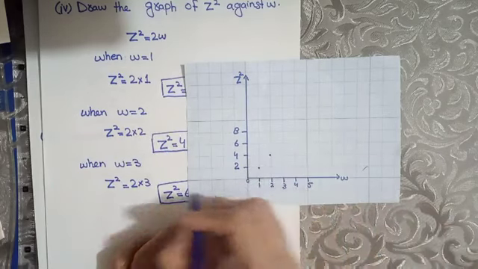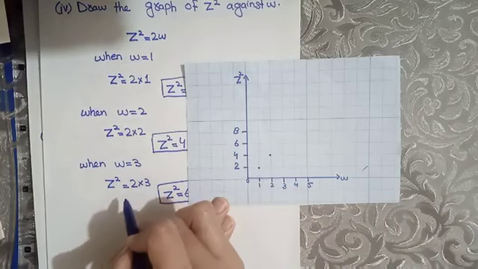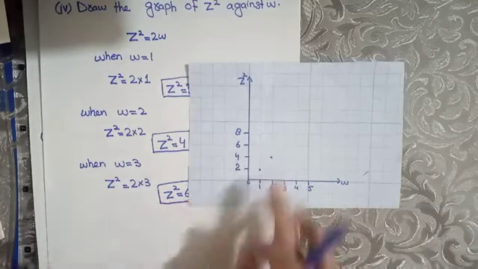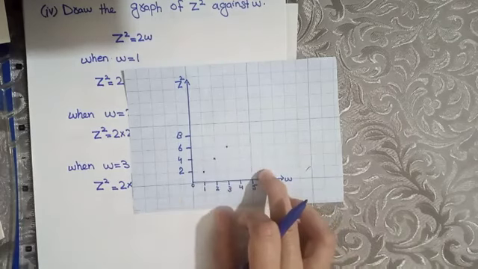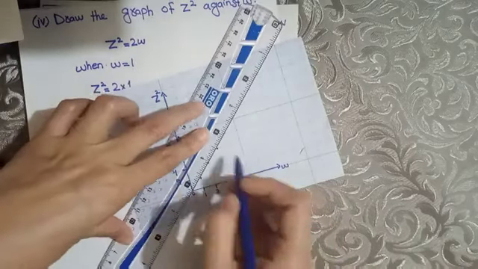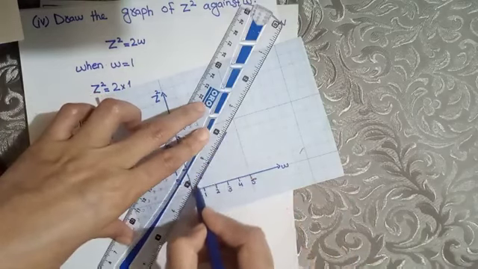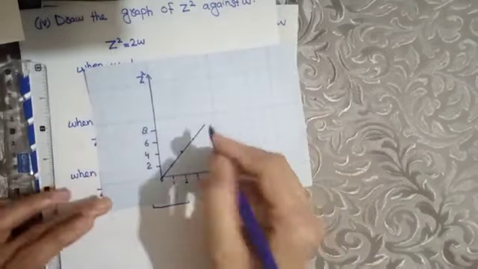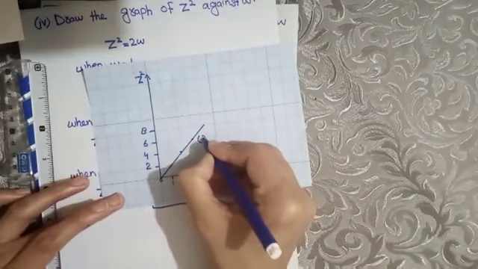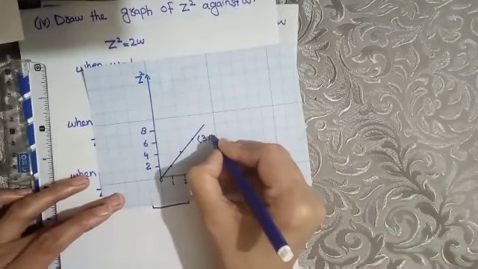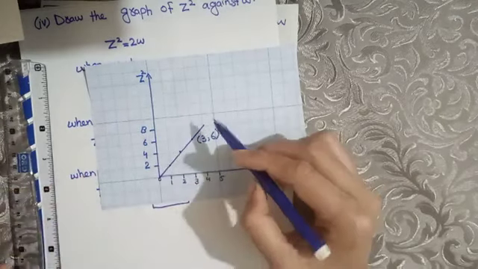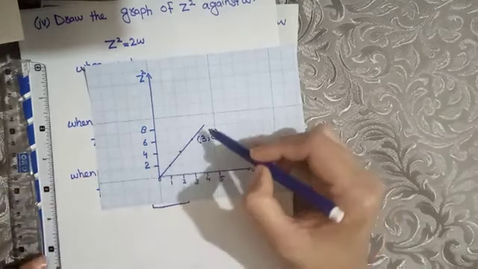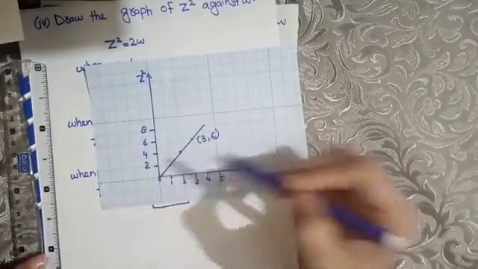When w is equal to 3, z square is equal to 6. Joining the dots carefully. The last point is w equal to 3, z square equal to 6. A directly proportional graph is a straight line passing through the origin.